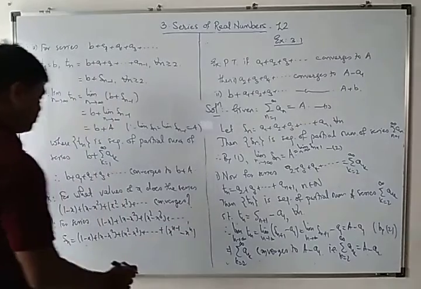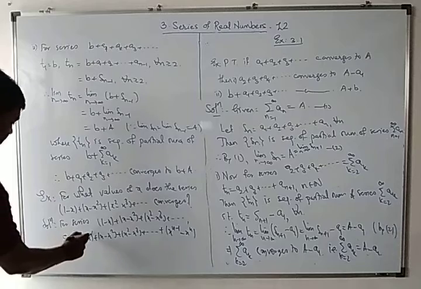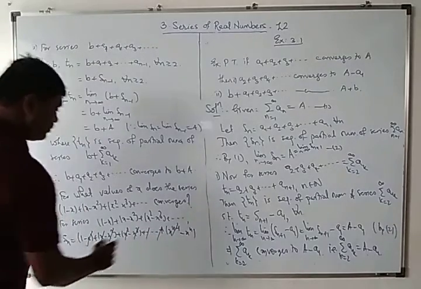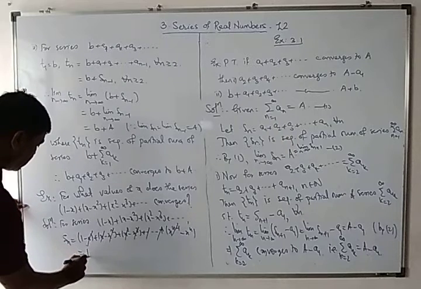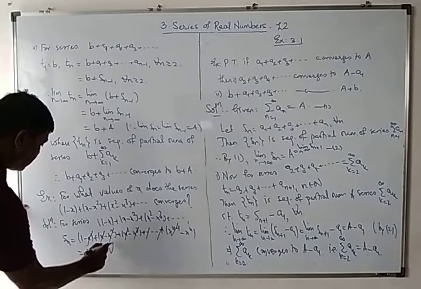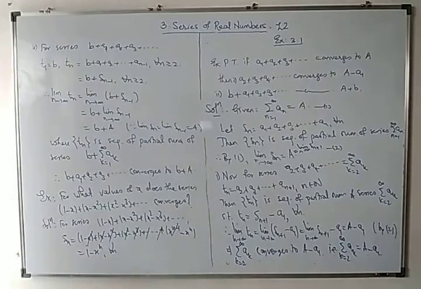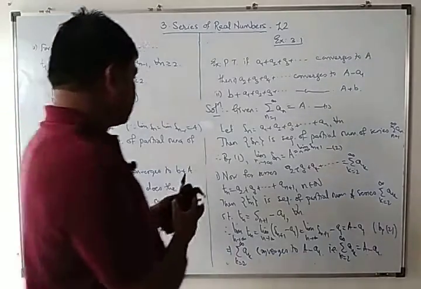You can observe here these intermediate terms get cancelled and we will get Sn is equal to 1 minus x raised to n for every n. Okay. What is the limit of this?